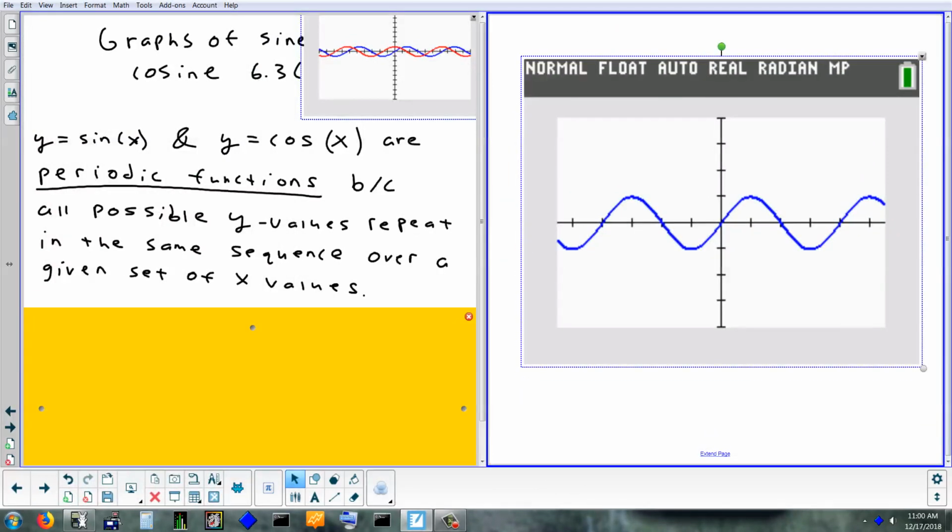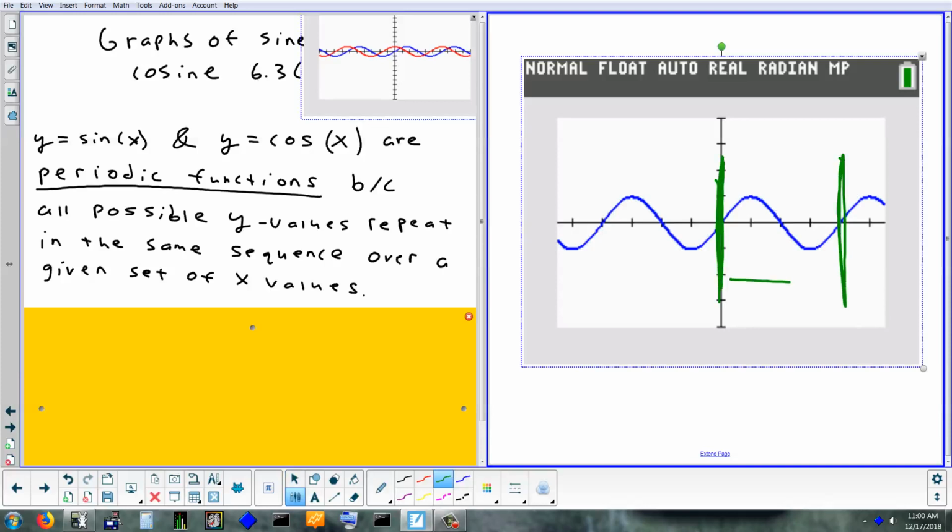So the y values repeat over a given set of x values. So if you start here, and end there. When you look between the green lines, that section represents what's going to keep happening over and over. I could copy and paste what's inside the green lines, left and right, forever, and I would get the picture of my graph.